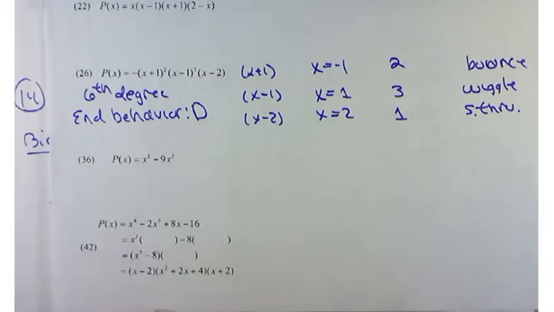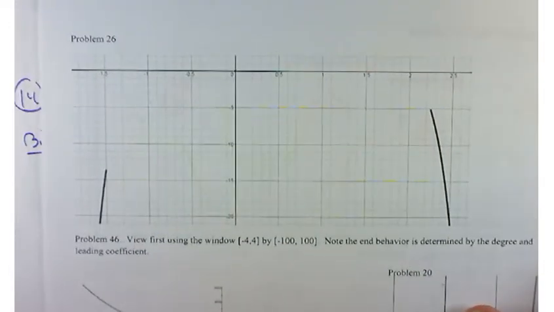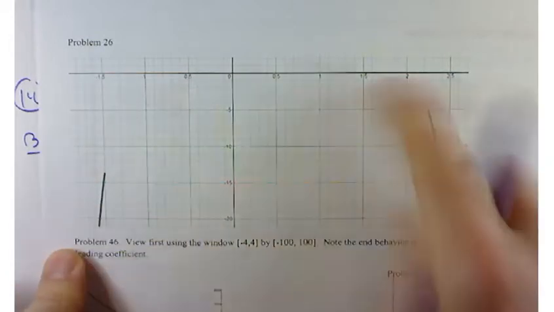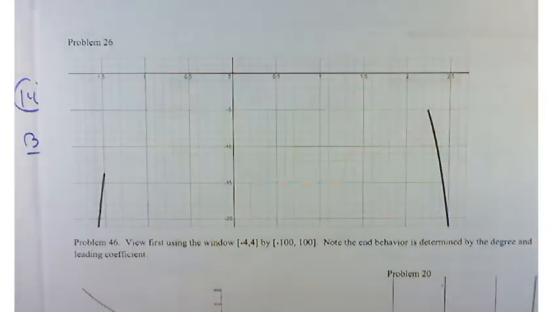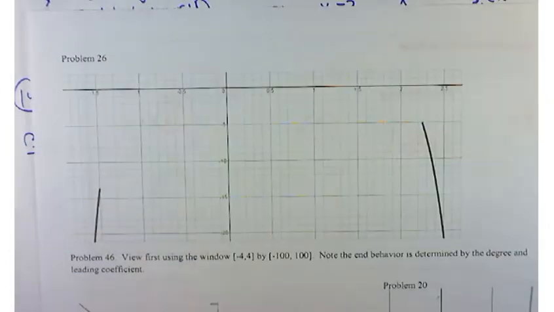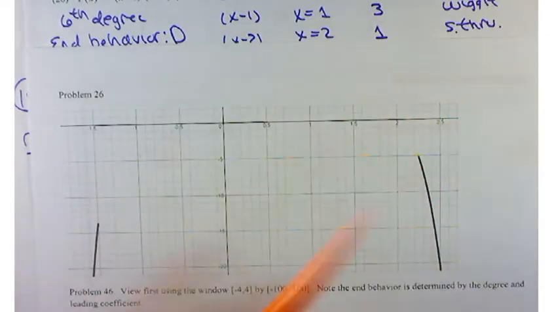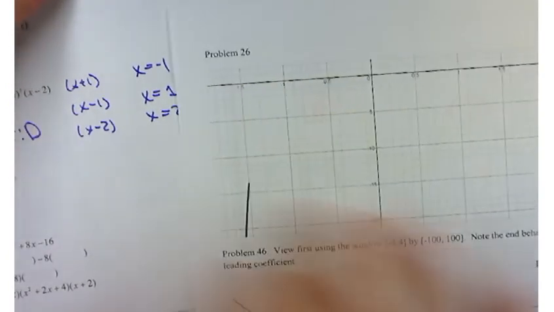And on the back side of your handout, you'll see that end behavior. So there's your end behavior. I've already kind of drawn them in for you. But let's see if we can fill in a little bit of the rest of this. Where do we have roots? We had roots at -1, 1, and 3. Or excuse me, -1, 1, and 2.